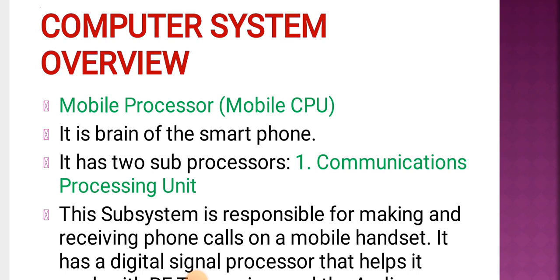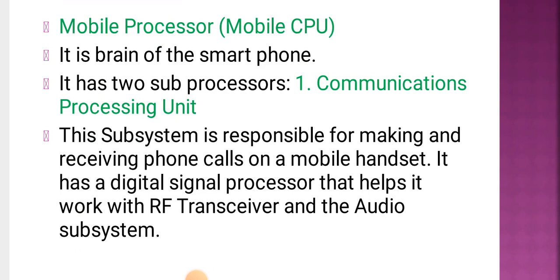It has two subprocessors. One is the communication processing unit, and the second is the APU and GPU subsystem. First we'll see the communication processing unit. This subsystem is responsible for making and receiving phone calls on a mobile handset.